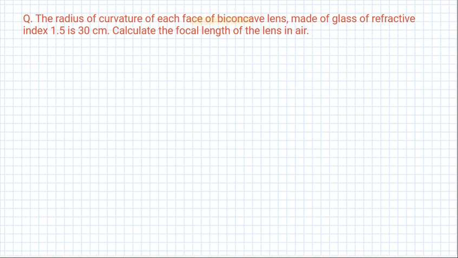According to the question, the radius of curvature of this biconcave lens is 30 centimeter. They have also mentioned that the refractive index of this lens, which is made of glass, is 1.5.